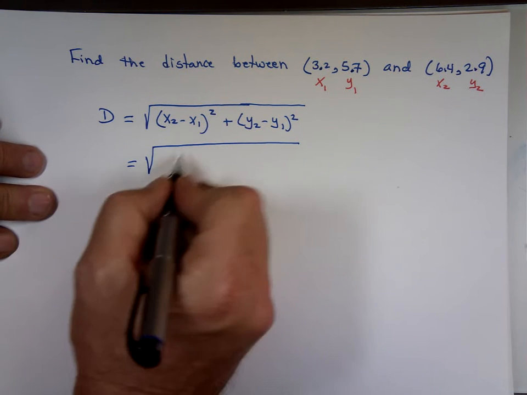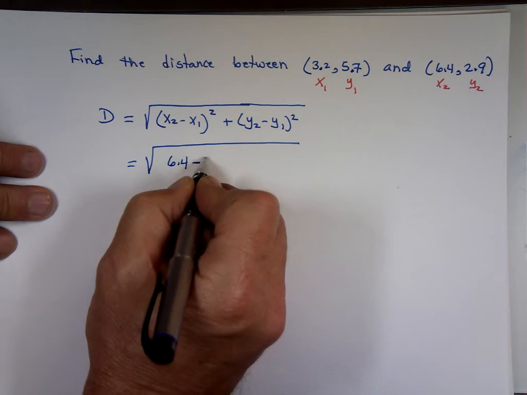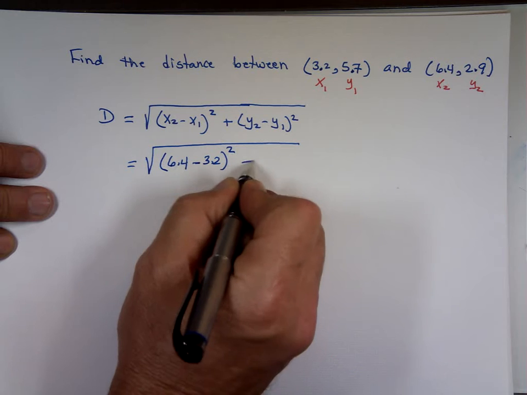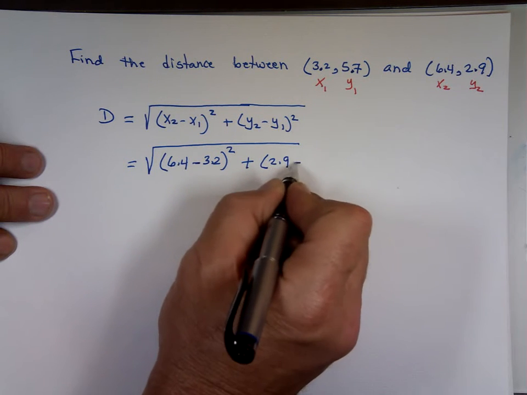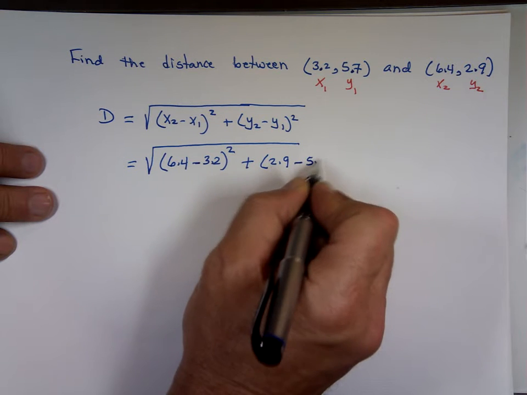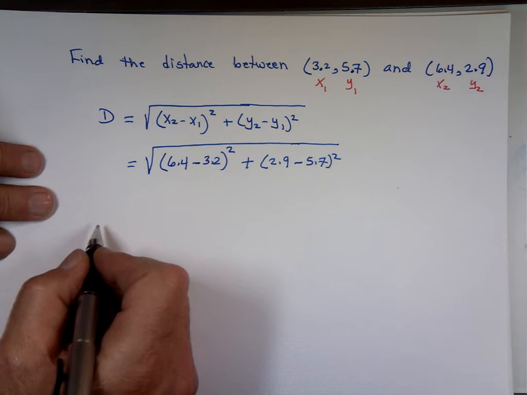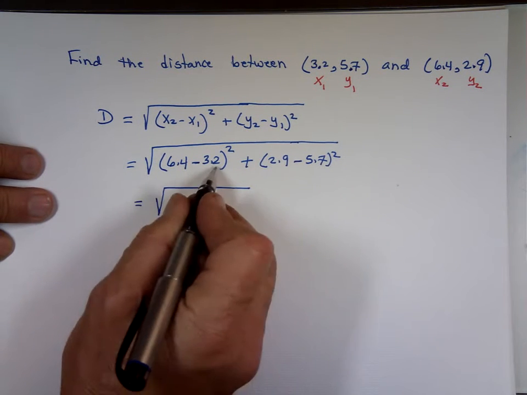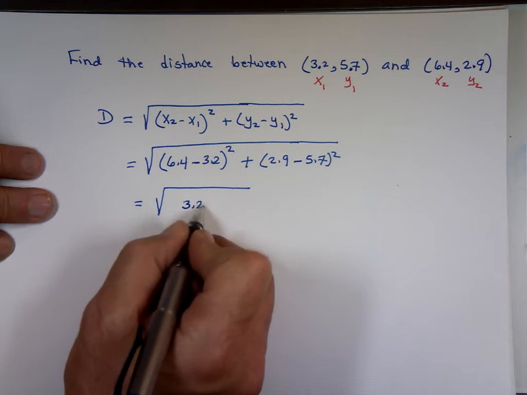What's x sub 2 here? 6.4 minus what's x sub 1? 3.2 squared plus y sub 2, which is 2.9, minus y sub 1, which is 5.7 squared. 6.4 minus 3.2 is what?